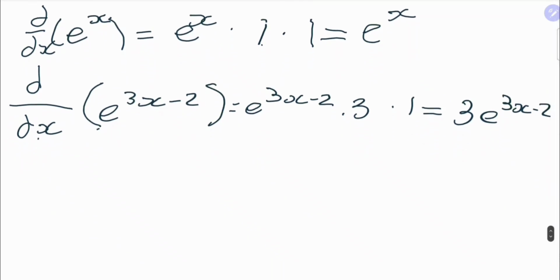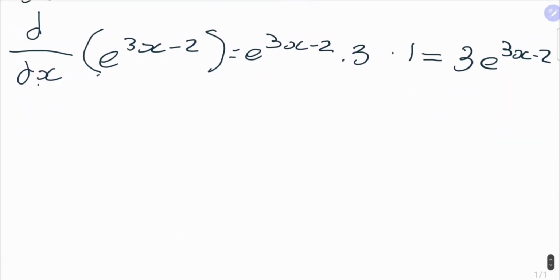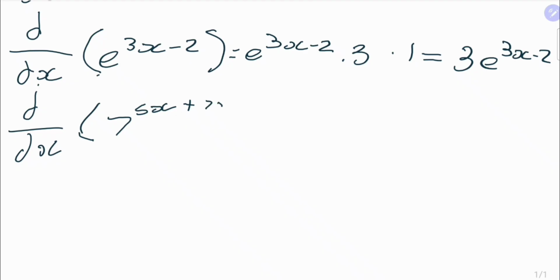Okay, let's do the next one. How about d over dx of 7 to the 5x plus 7x minus 3.